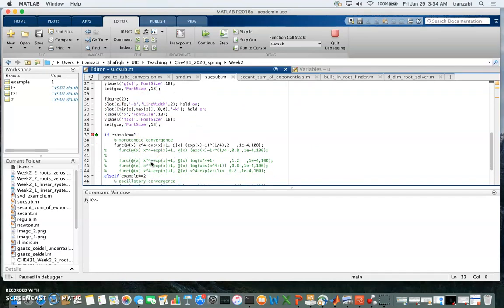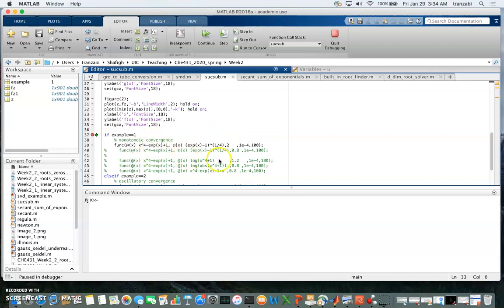Now the first way is I'm going to split this into g of x by moving exponential of z to the right side and taking the 4th root of both sides. If you do that, then you would see that this is going to be our g of x. This is my f of x.